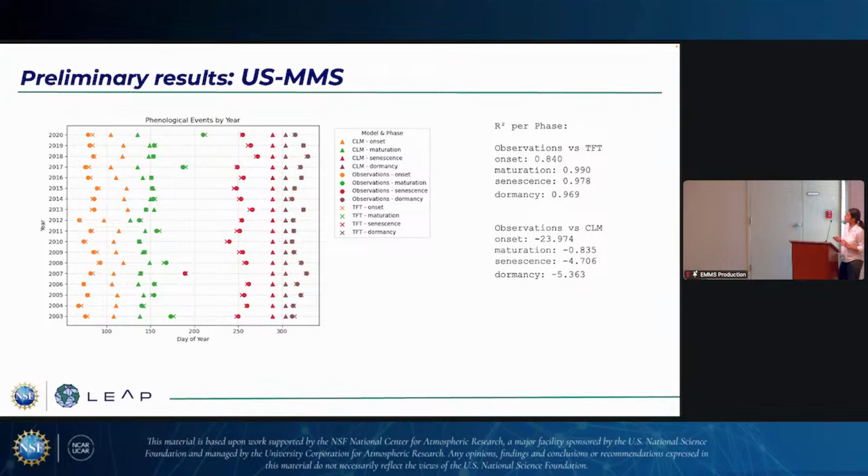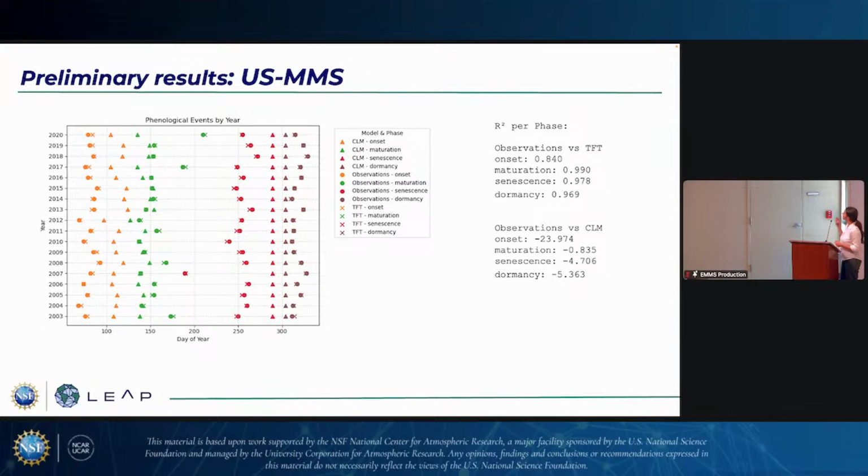From there, I also tried to get the onset, maturation, senescence, and dormancy dates from the CLM phenology module. And you can see here just how much the CLM carries a much higher bias than the temporal fusion transformer when predicting the onset, maturation, senescence, and dormancy.